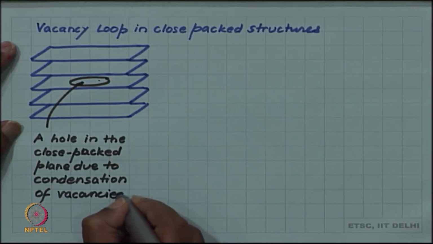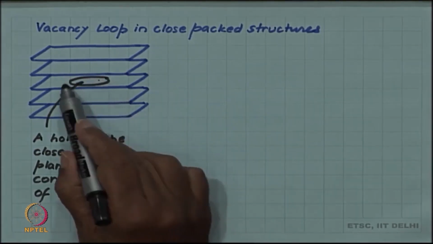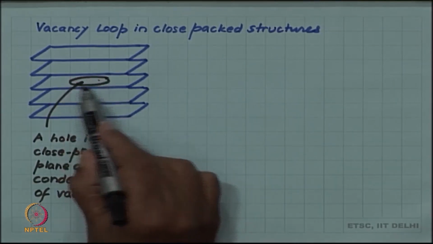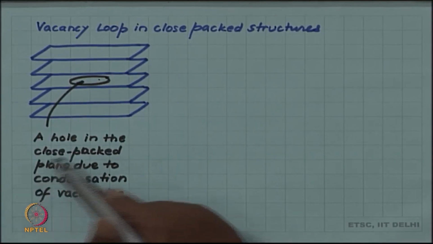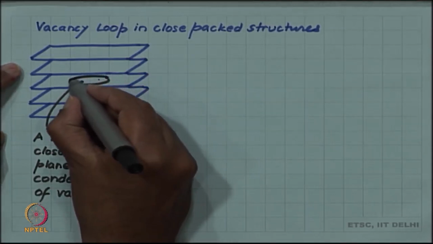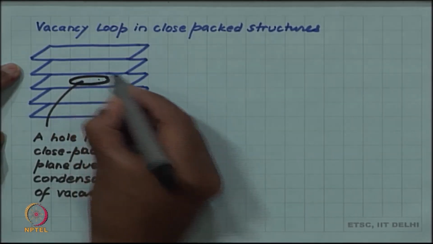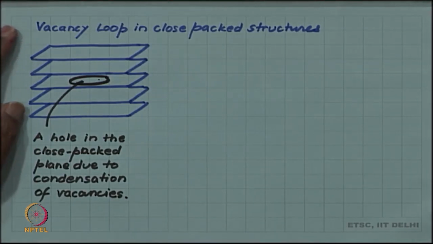So, this is not one vacancy, several vacancies will condense out. So this region or area of that plane is devoid of atoms. Now we have this hole and we have the boundary of this hole, and what we are going to show is that the boundary of this hole will exactly behave like a prismatic dislocation loop, which we introduced in the last slide.